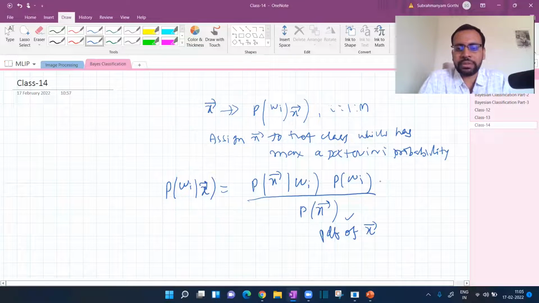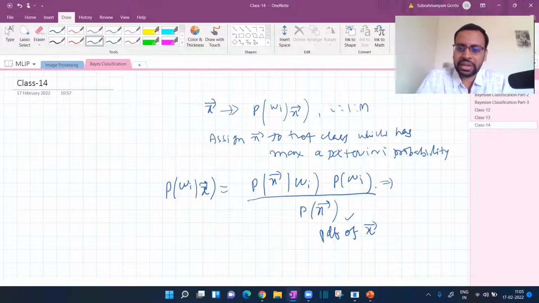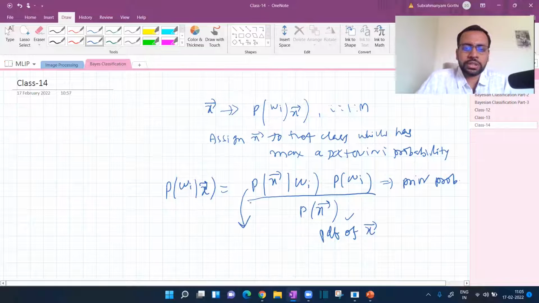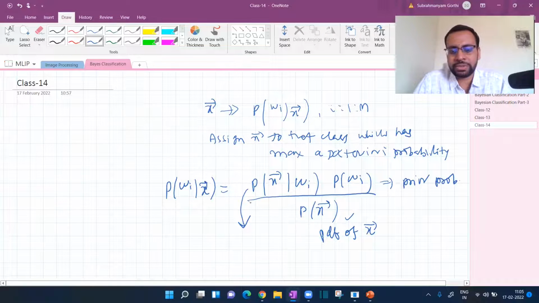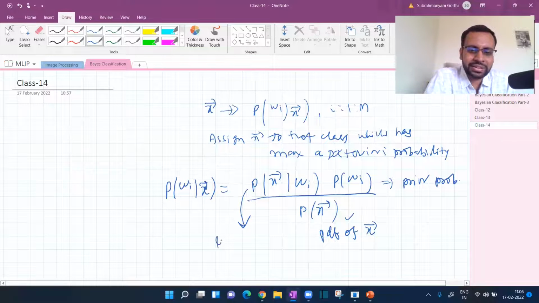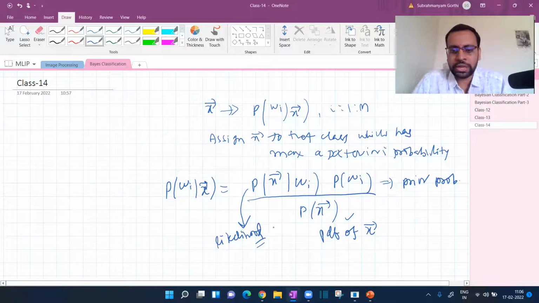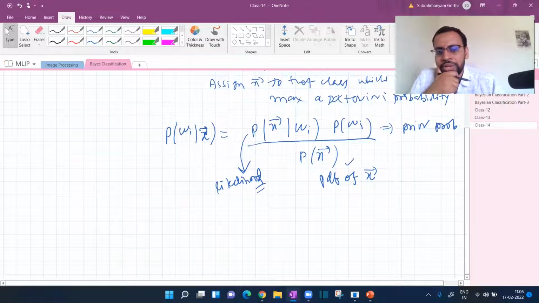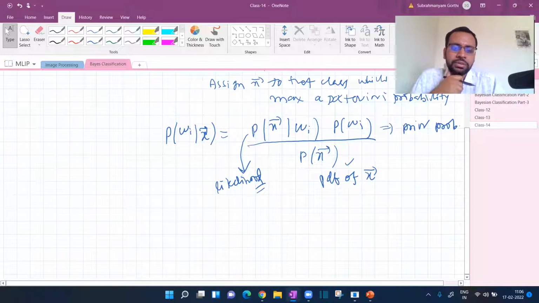What is P of omega I referred to as? Prior probability, the prior probability of class I. And P of x bar given omega I is referred to as the likelihood of x bar with respect to omega I. Then you compute it for various values of I, that is various classes, and pick the one which has the maximum value.